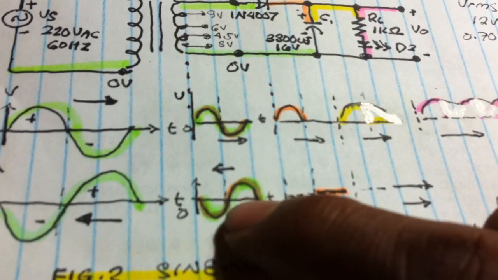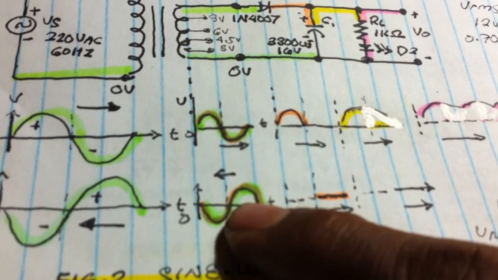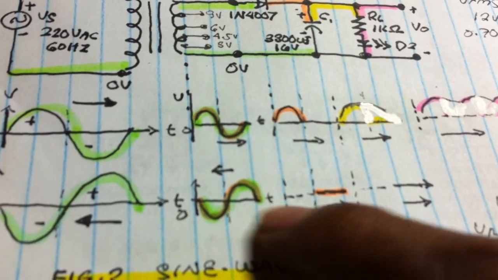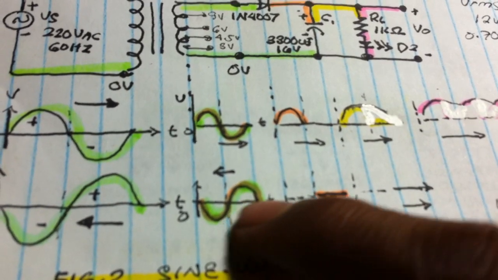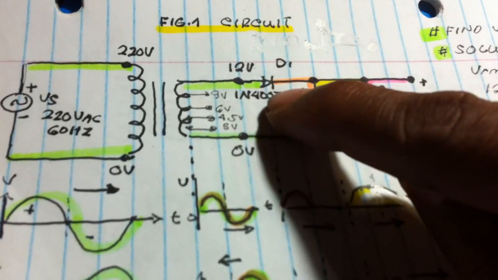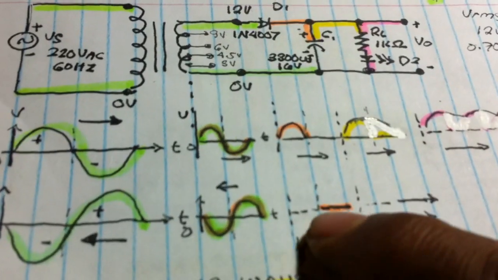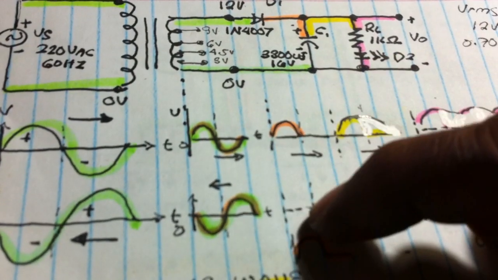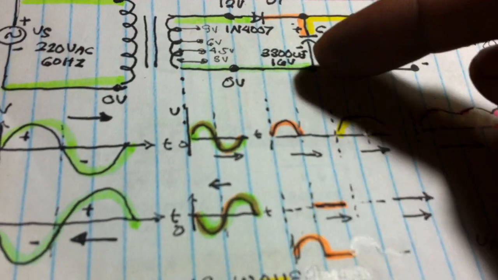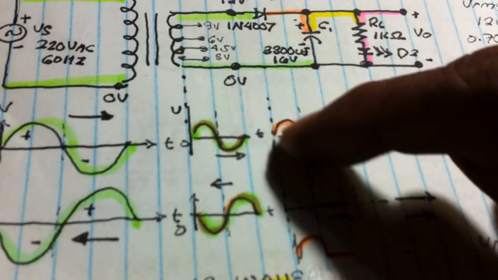How about during the reverse direction? This is the reverse direction. See? It did not pass to the rectifier. That's why there is no output. The same line, orange.